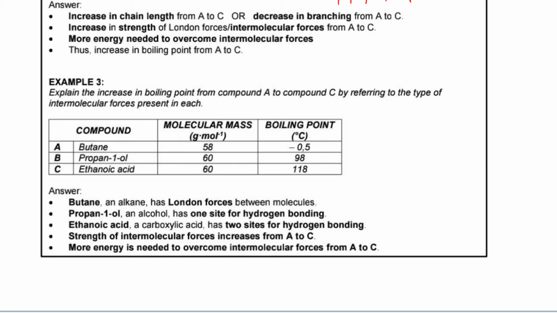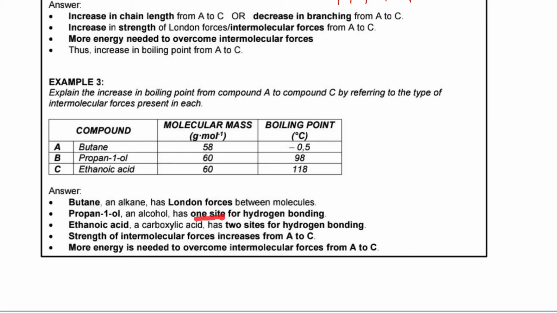So here, when they tell you to refer to the type of intermolecular force, the first thing that you need to state, which is bullet number 1, is the intermolecular force of each of them. So butane is an alkane, it has the London force, and propan-1-ol is an alcohol, it has one-sided hydrogen bonding. And ethanoic acid, a carboxylic acid, has two-sided hydrogen bonding.